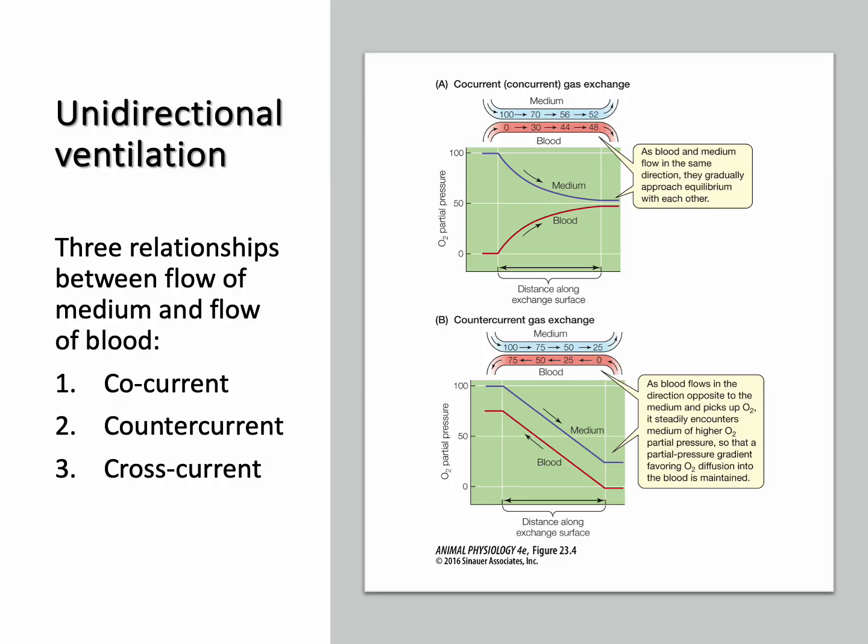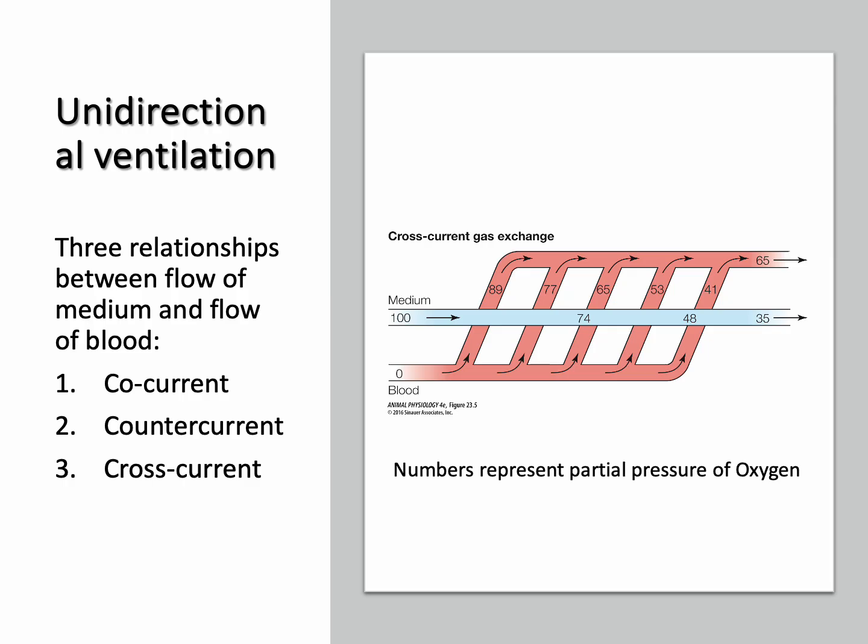Countercurrent would mean the medium flows in one direction and the blood flows in the opposite direction. Finally, you can have cross current. What that means is that the medium flows in one direction and then the blood flows at a right angle, right across it, right? And so you're going to see a different look for that one.